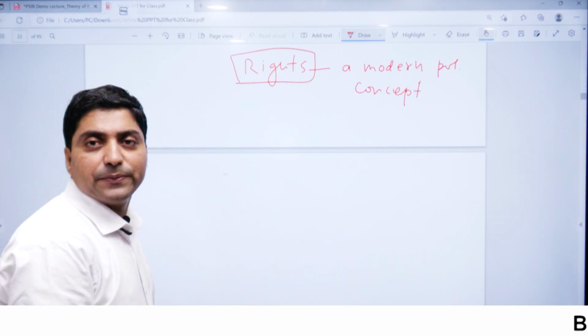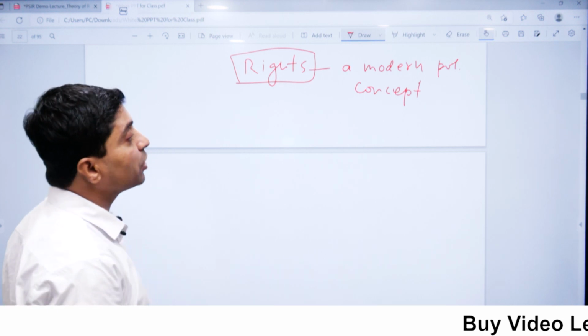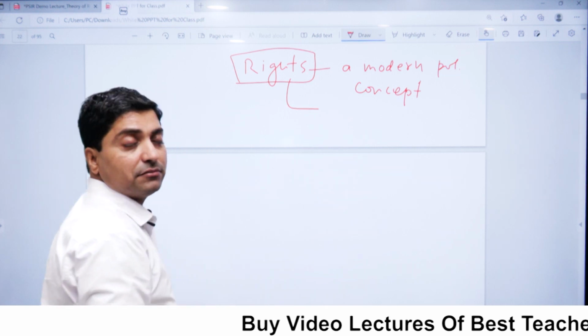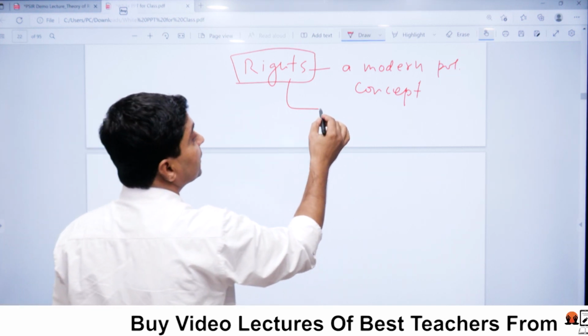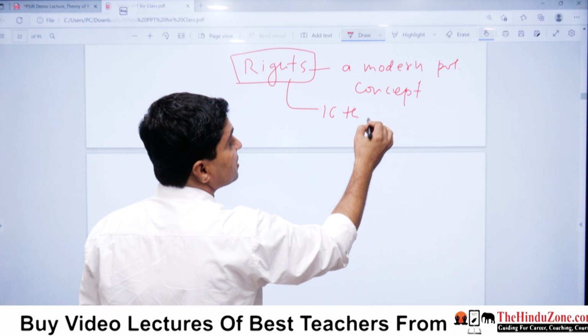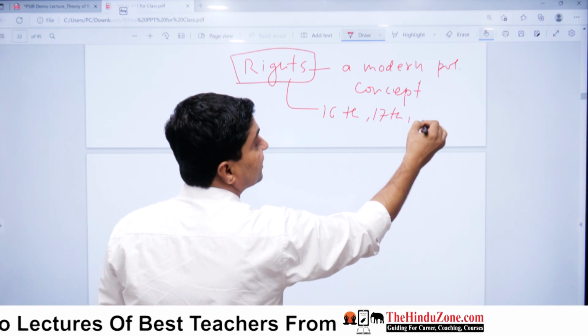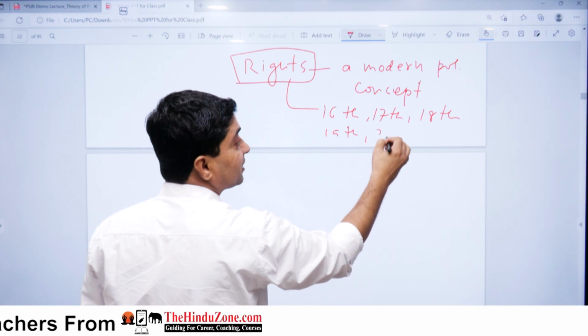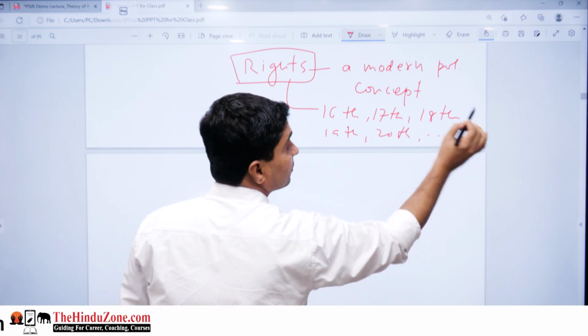When we say that it is a modern political concept, it means it evolved in modern time, for example in the 16th, 17th, 18th, 19th, 20th century, and is still evolving.